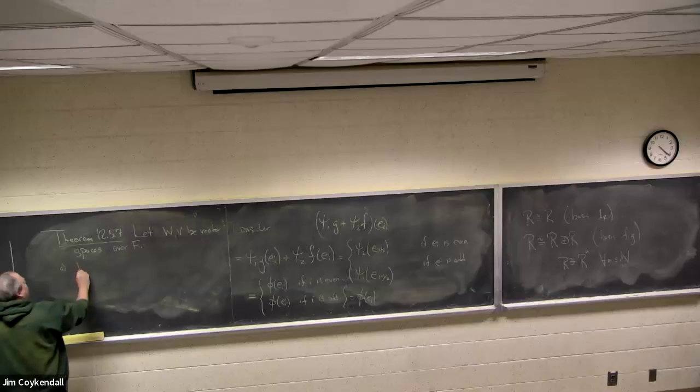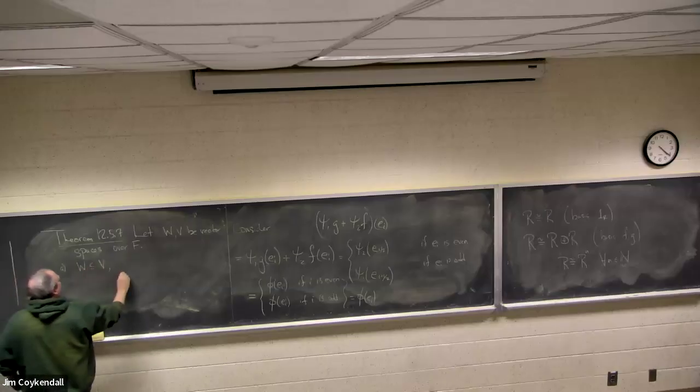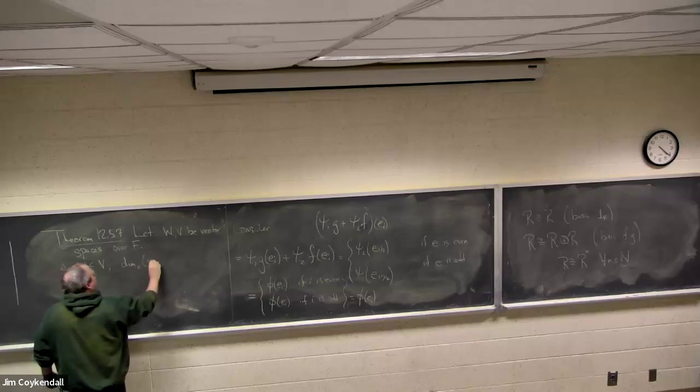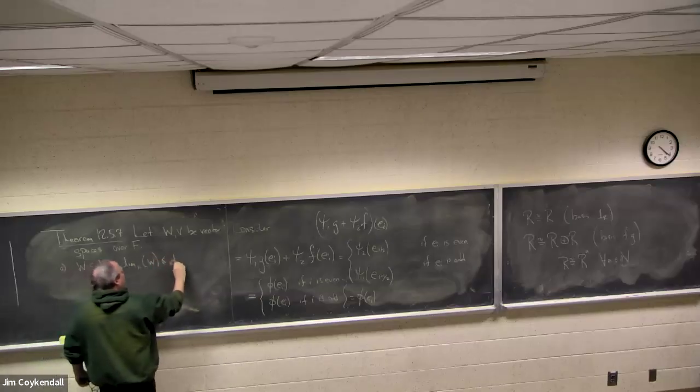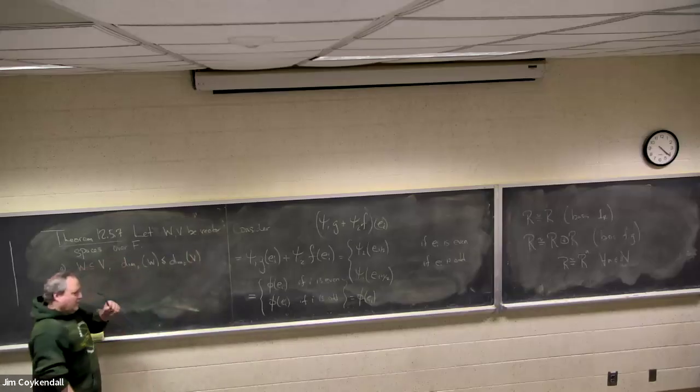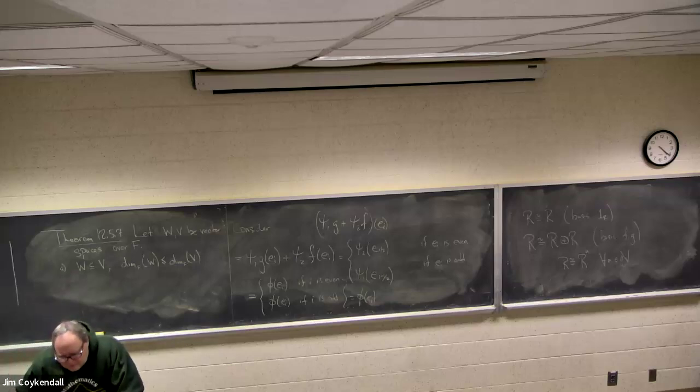A, if W is contained in V, then the dimension of W is less than or equal to the dimension of V. This is even true if the basis set is infinite.